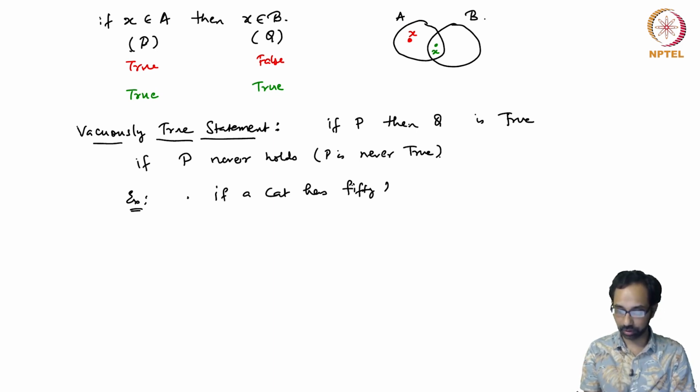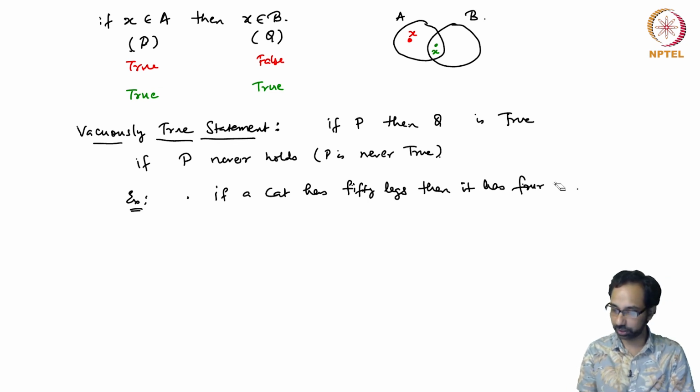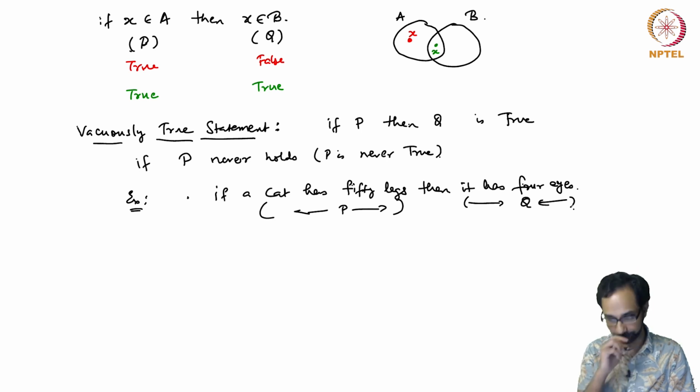If a cat has 50 legs, then it has 4 eyes, okay. Now the first part, if a cat has 50 legs, this part is our P, and this is Q, okay.